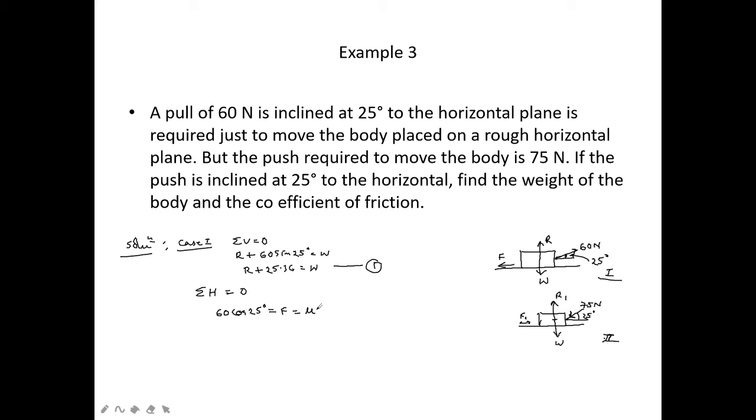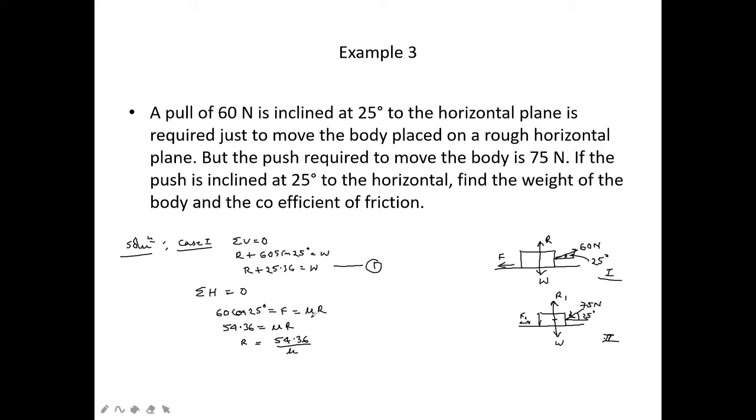F is mu into R. So 60 cos 25, if you calculate, the value is 54.36, and that is equal to mu into R, and therefore R is equal to 54.36 upon mu.